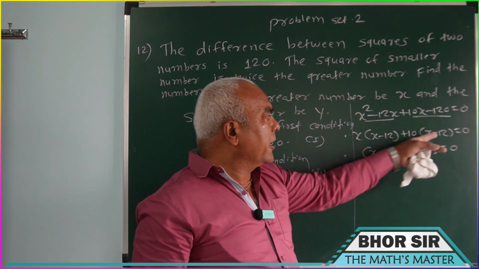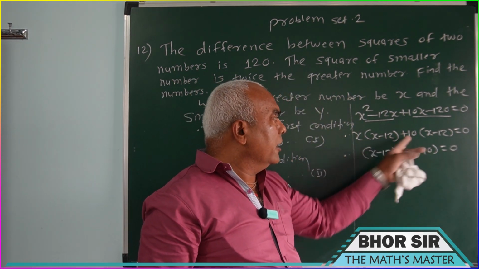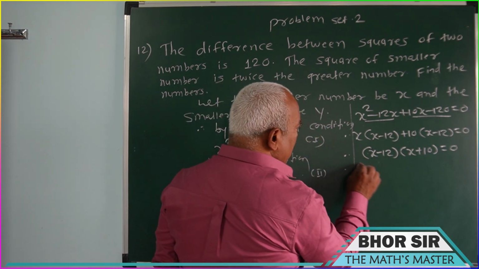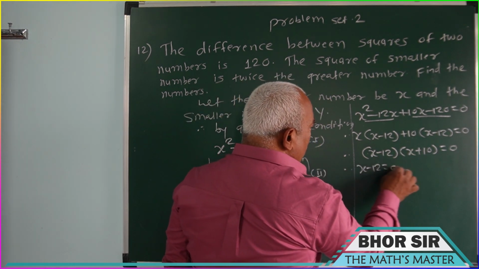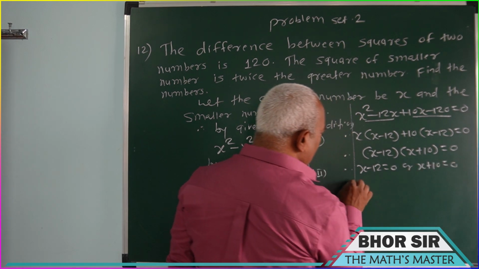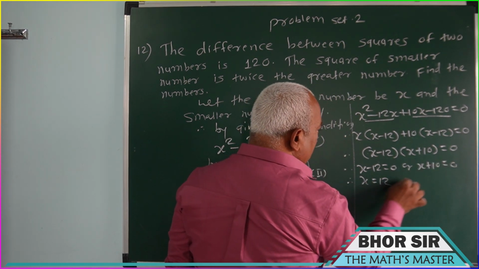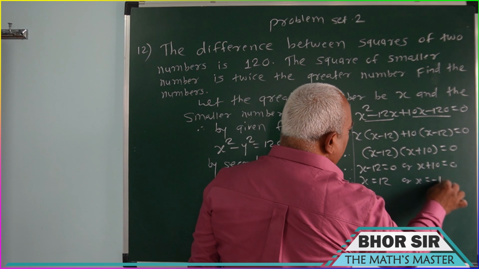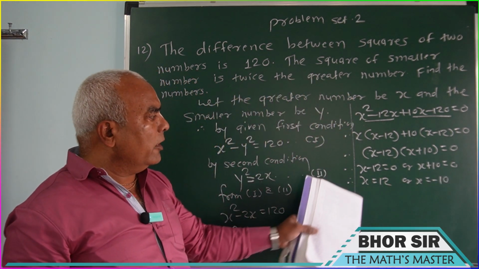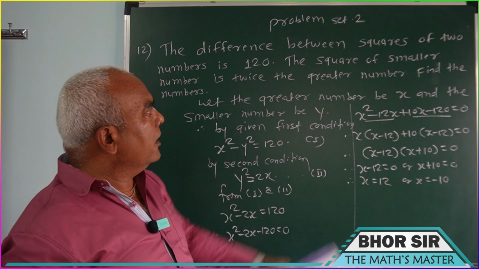Now this equals 0 and this equals 0: x minus 12 equals 0 or x plus 10 equals 0. x will be 12 or x will be minus 10.